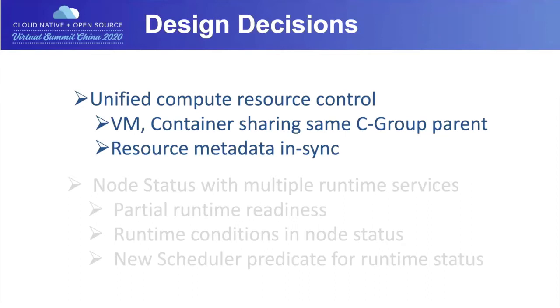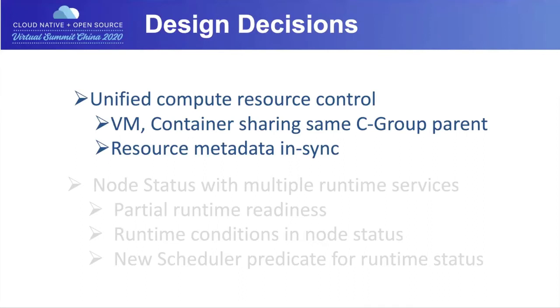When the VM is created, the Octus runtime service creates the cgroup path for the VM following the same layout pattern as the container workload type. For example, it would be under kubepods, burstable / pod ID / VM ID. And the runtime service moves the VM process to the cgroup path.